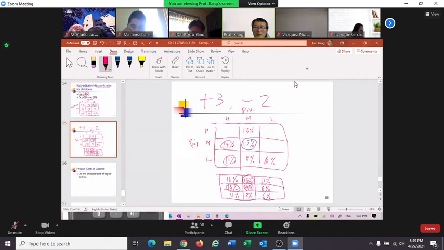This is in the middle, right? So from the middle, plus 3 minus 2. One more. This is also in the middle, right? So plus 3 minus 2. So this is correct. So not this one, but this one is how to use plus 3 minus 2.